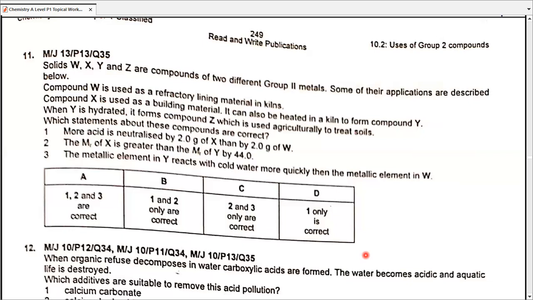Compound X, which is magnesium oxide, is used as a building material. It can also be heated to form compound Y. Heated to form magnesium oxide. Magnesium plus... no. Calcium carbonate. Compound X is calcium carbonate.